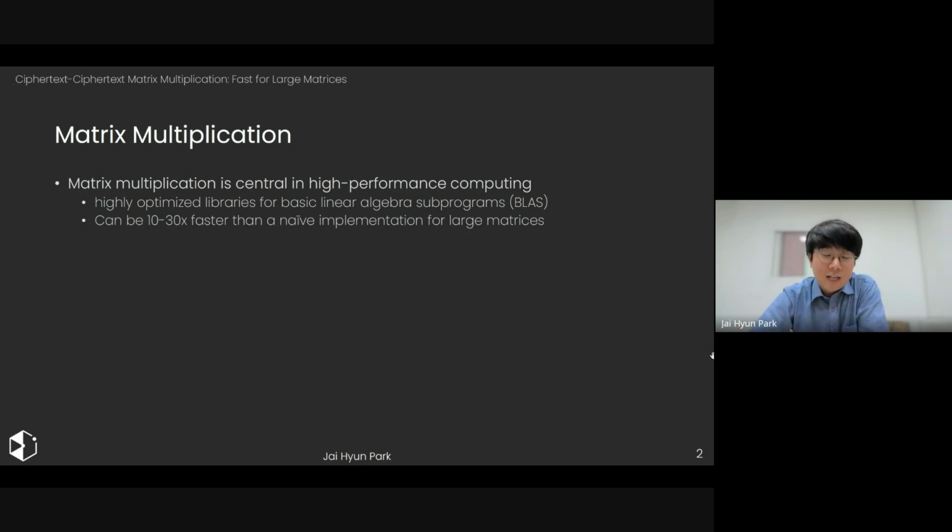It depends on the machine and the task, but for large matrices on my machine, the efficiency of BLAS was 10 or even 30 times faster than my naive implementation in C++. So plaintext multiplication is really fast in the existing implementations in open libraries.